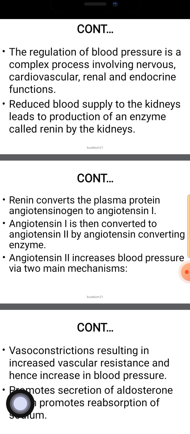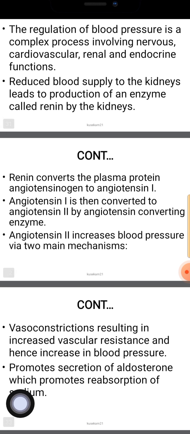Then the cardiovascular system: there is the heart and the vessels which work together to distribute blood to other parts of the body.